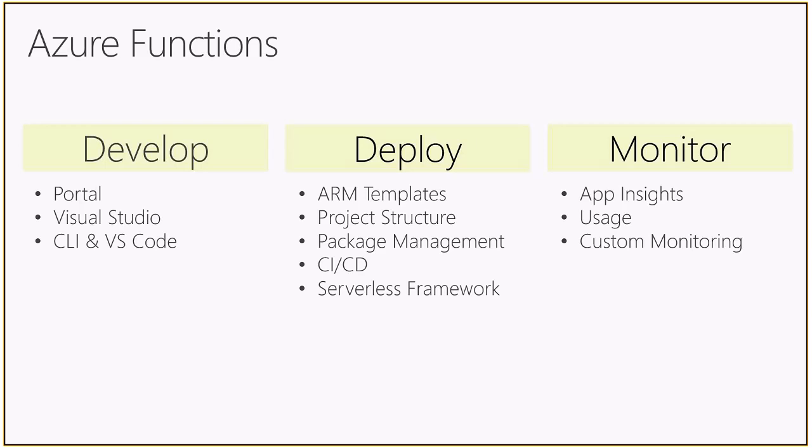You're basically running a piece of code, responding to an event, in the cloud. It doesn't matter where that piece of code runs, and if it has to process multiple requests in parallel, there are multiple instances of that piece of code running.